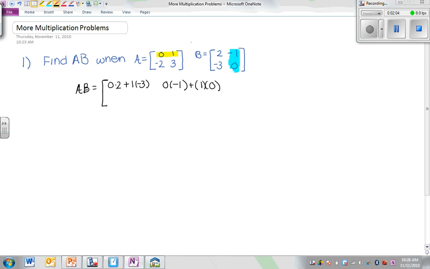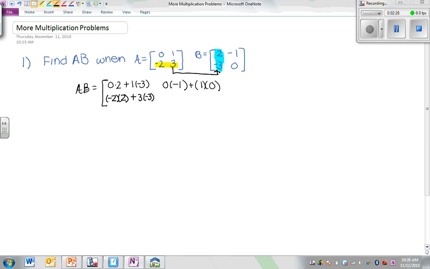The next thing you do now is we're going to change rows. So the next row now I'm going to do is negative 2, 3, and I'm going to multiply that by the first column. So we get negative 2 times 2 plus 3 times negative 3.